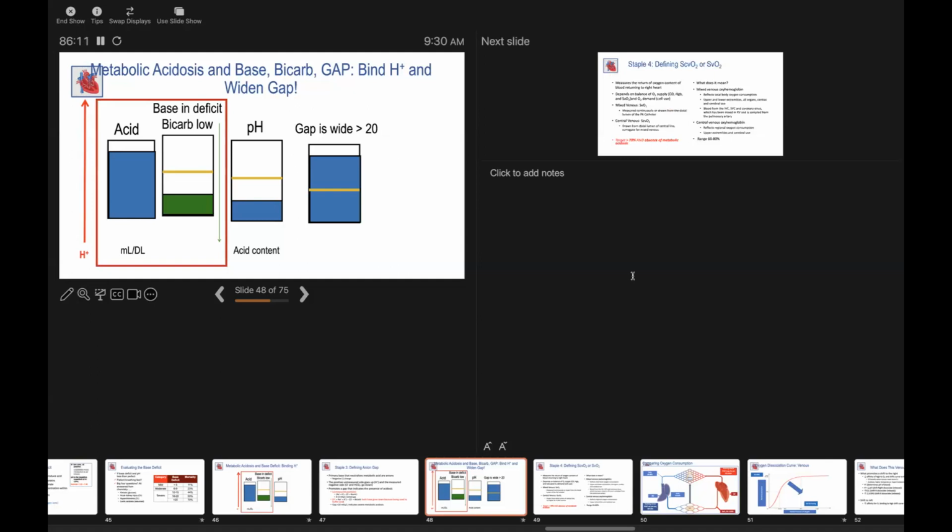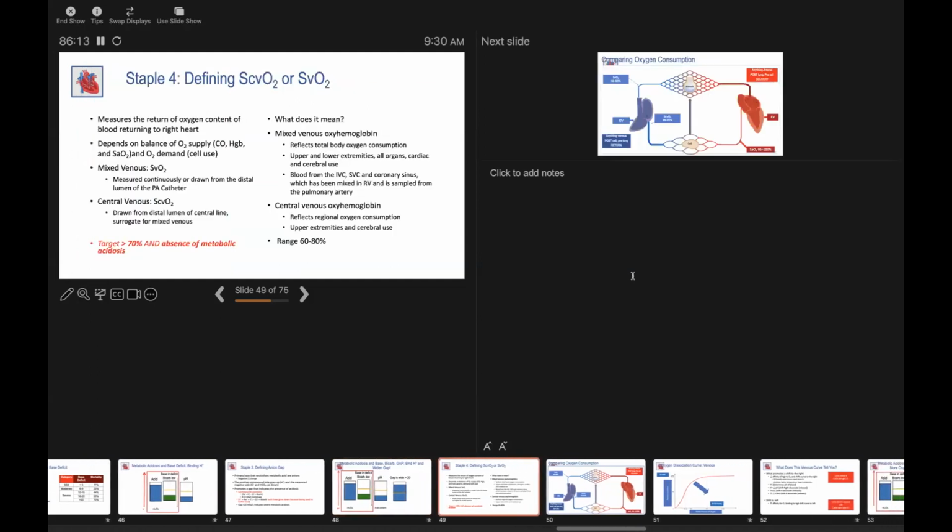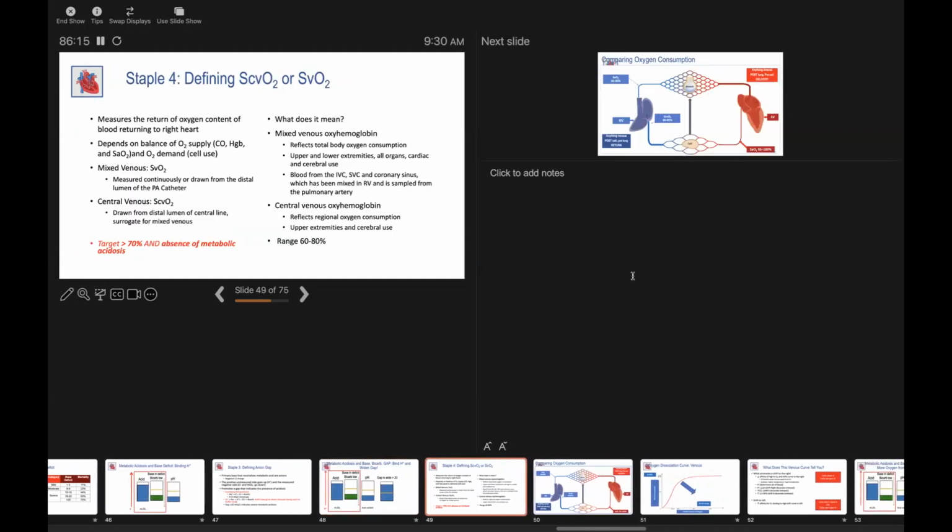All right, awesome. Okay. Now we're gonna add in SVO2 and SCVO2. Ooh, we're doing really good. I'm so happy. Okay, so I want to remind you that either if I draw a sample from the brown lumen of my central line, or I draw a sample from the distal tip of the PA catheter, what I am evaluating is the amount of oxygen that is still bound to hemoglobin because I didn't use it.